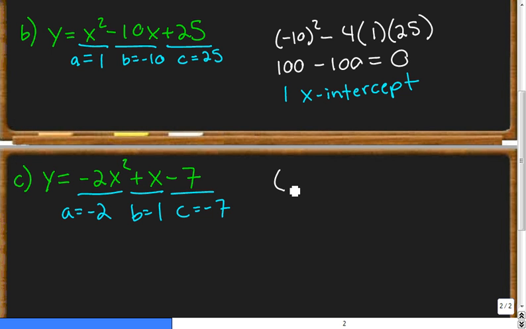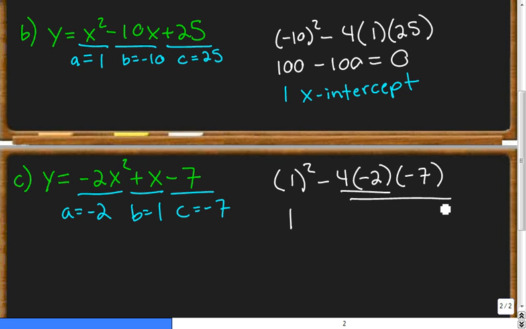So B squared is going to be 1 squared. We're subtracting away 4 times A, which is negative 2, and C, which is negative 7. So 1 squared is 1. Then we have 4 times negative 2 is negative 8.